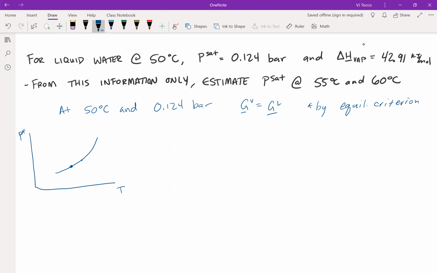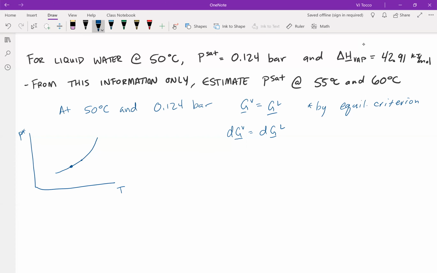If we increase temperature and pressure, we are going to have different Gibbs free energies. But if they are equal to each other, then we can say that the change in Gibbs free energy for the vapor is equal to the change in Gibbs free energy of the liquid. Then we can apply the fundamental property relationship, V dP minus S dT, and apply the relevant subscripts.